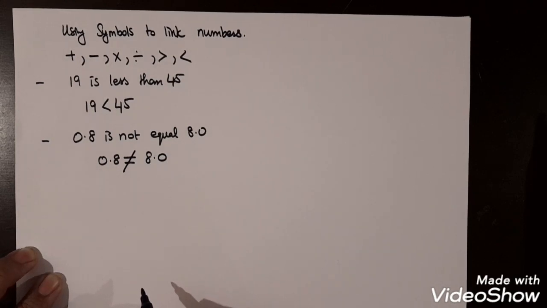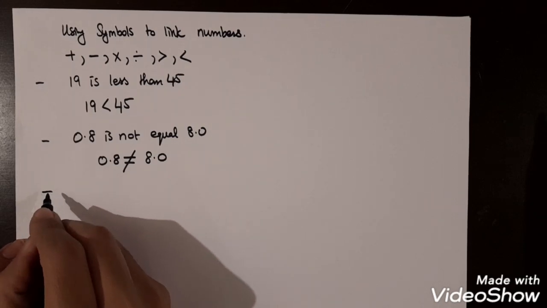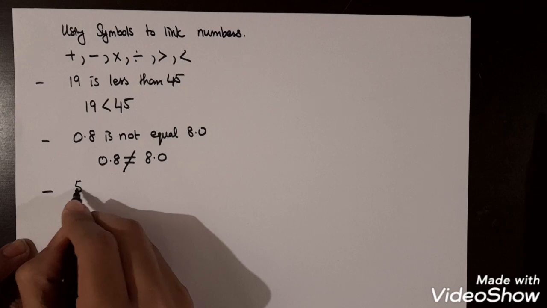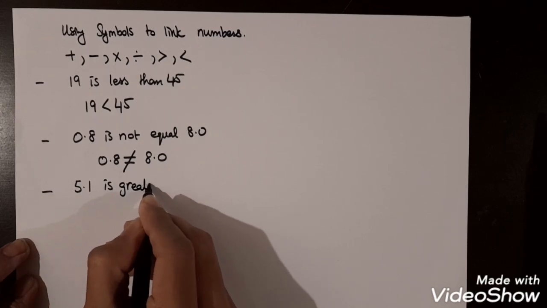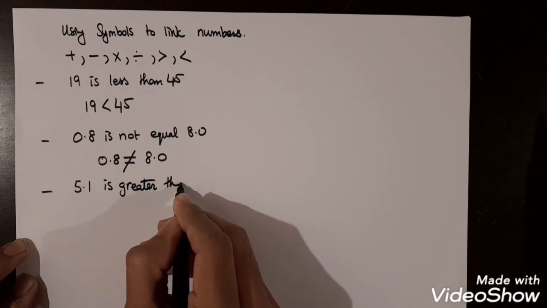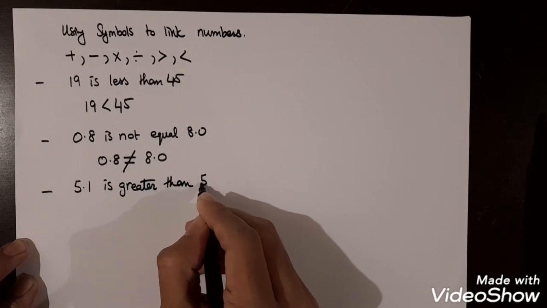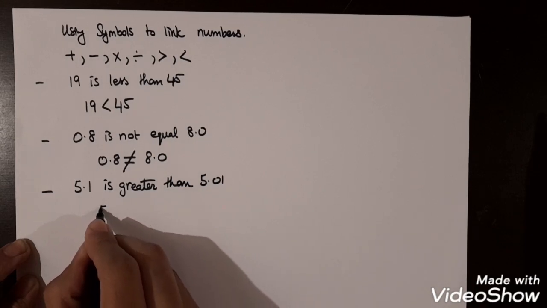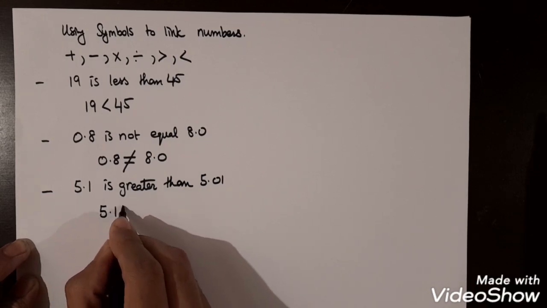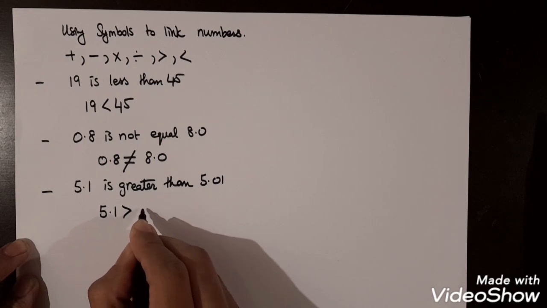Then the third example will be 5.1 is greater than 5.01. So we will write 5.1 is greater than 5.01.